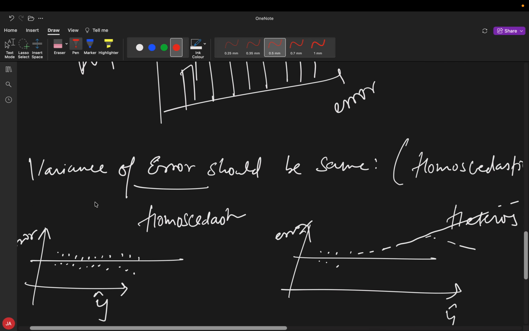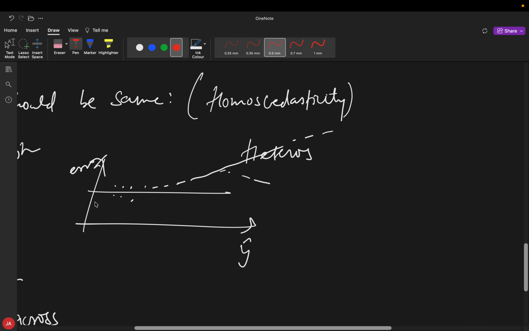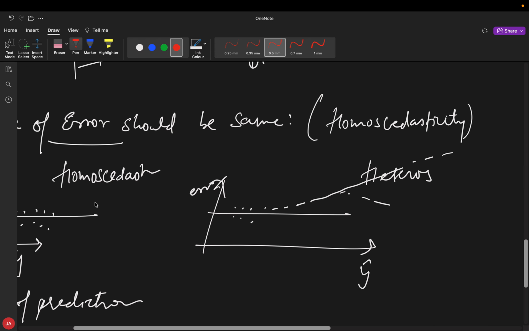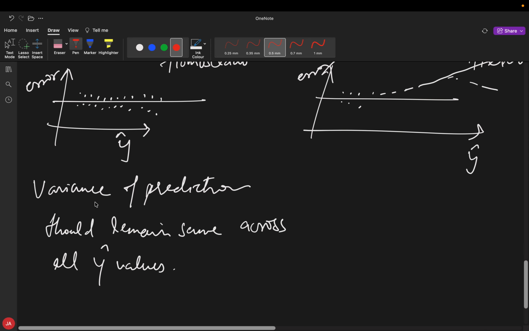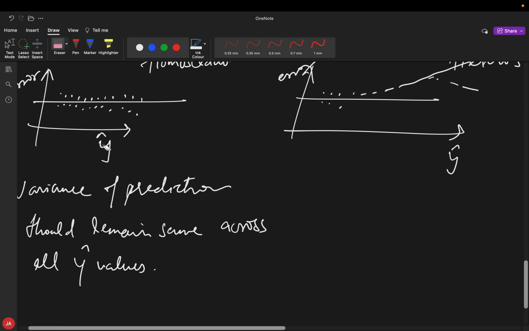And we also have the homoscedasticity assumption, which says that the variance of the error should be the same across all values of y. All values of y, not y prediction. As my y increases, the error that my model is making should stay the same.